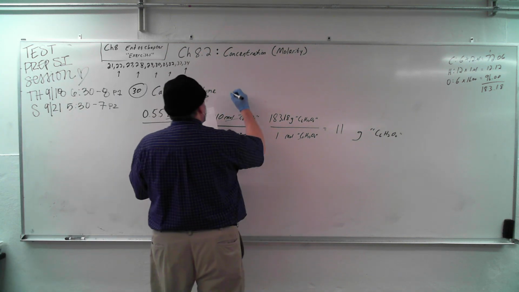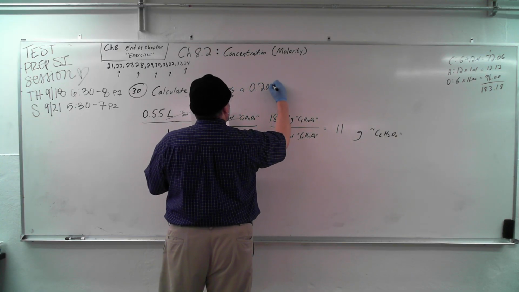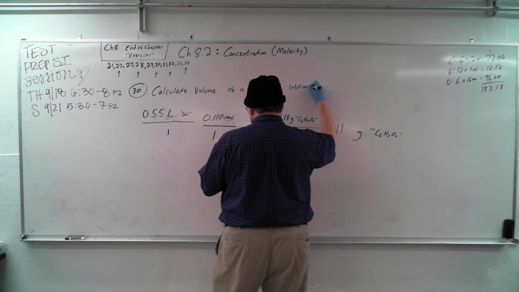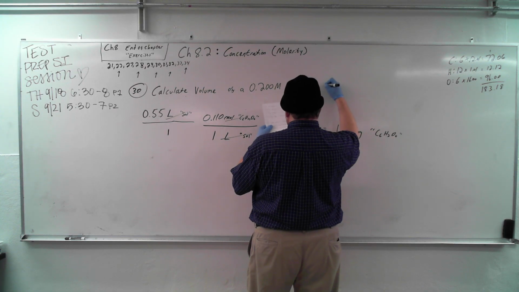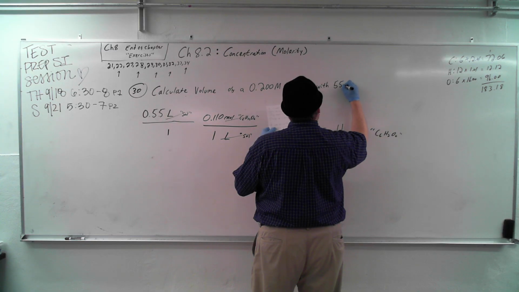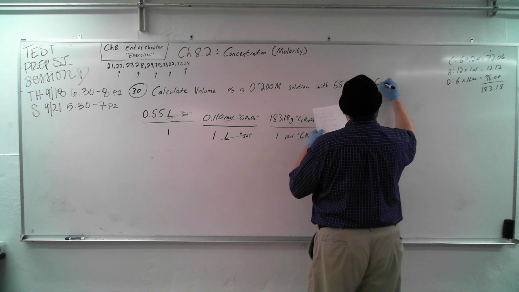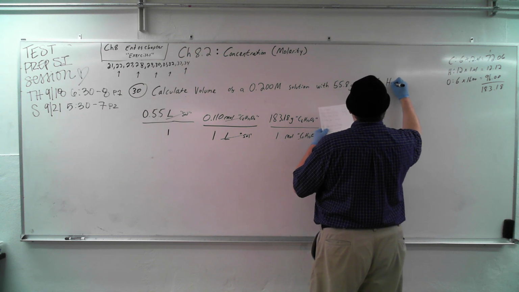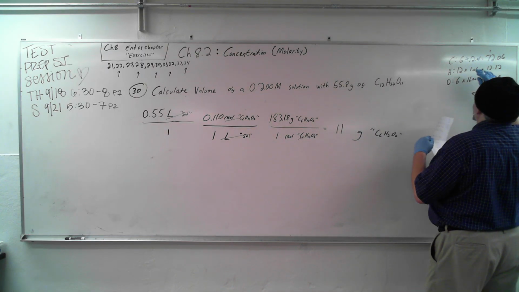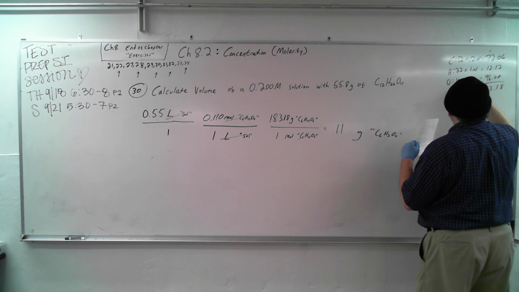Calculate the volume. C12H22O11. God. 12, 22, 11.